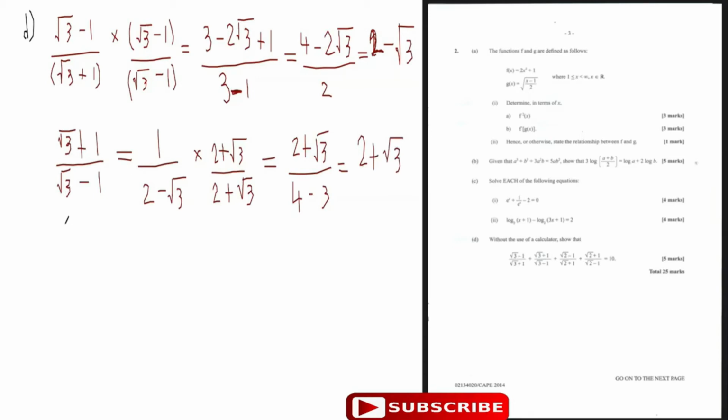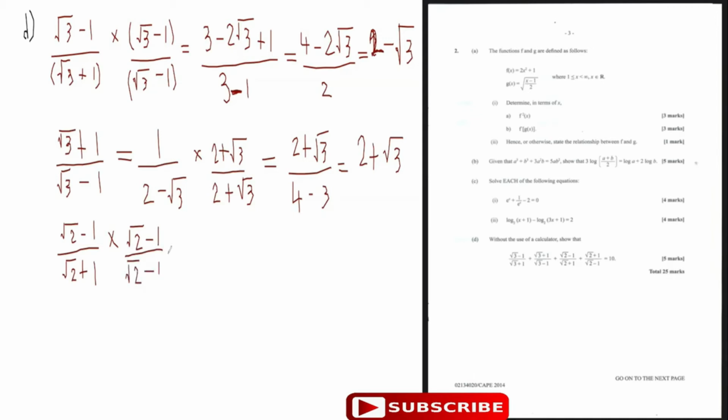Now I need to work out the root of 2 minus 1 over the root of 2 plus 1. All I'm going to do again is multiply by the conjugate of the denominator. What is the conjugate of the denominator? It's root 2 minus 1 over root 2 minus 1.